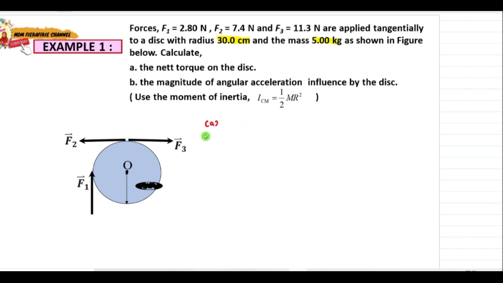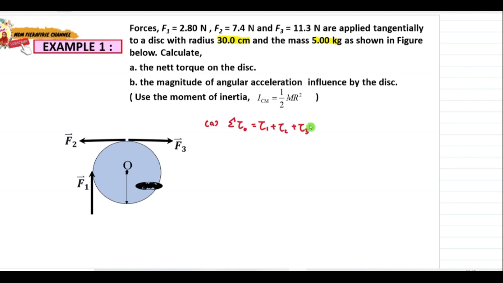Okay, sebabkan kita ada three forces, means that we have three torques that produce on the disc. Okay, so total torque at a pivot point of O is equal to torque 1 plus torque 2 plus torque 3.